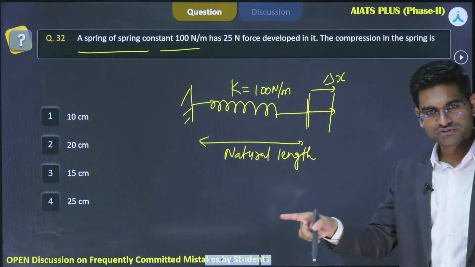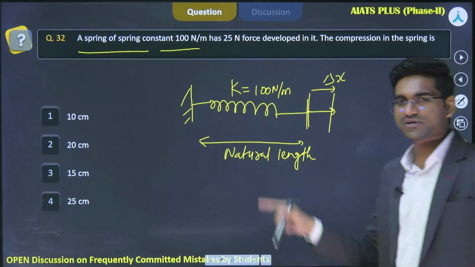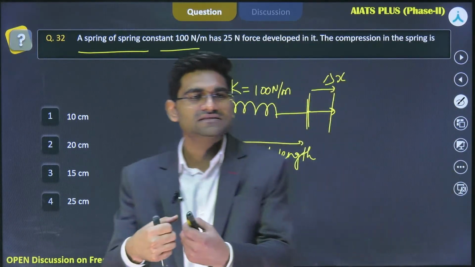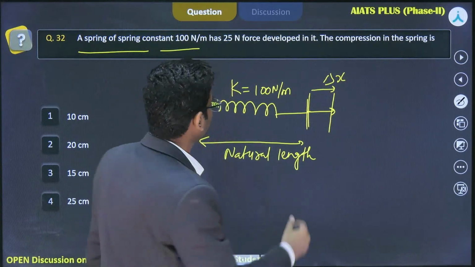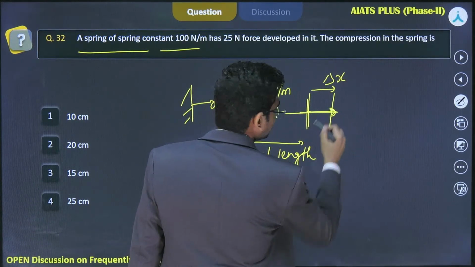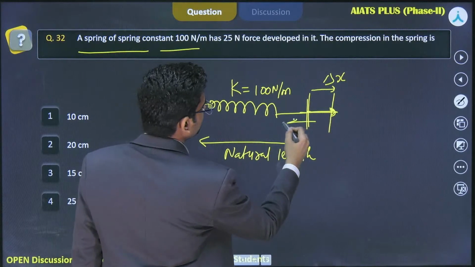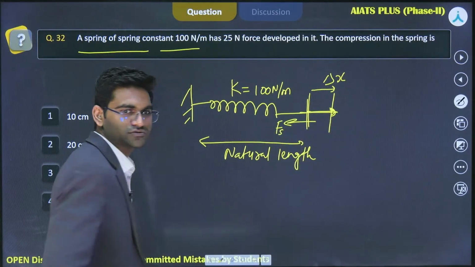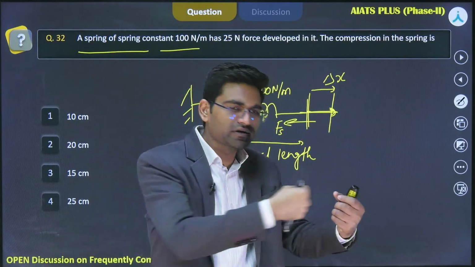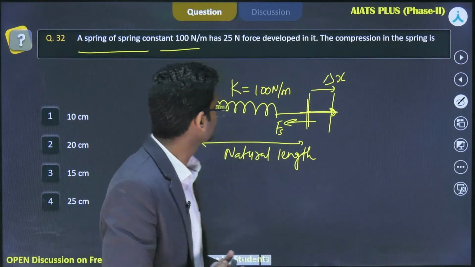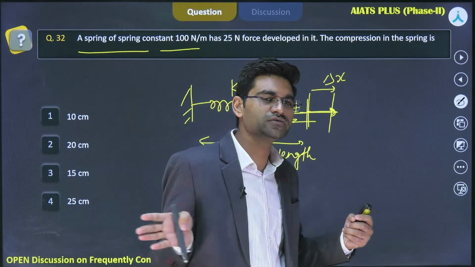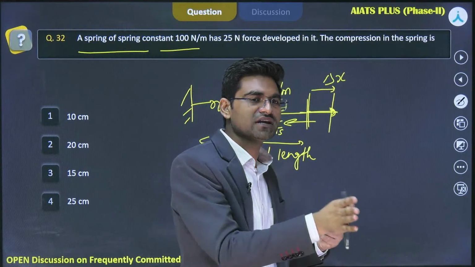Now there will be force, and the force applied by the spring is against the deformation. So if we are extending it like this, then the spring force will be like this. If you try to elongate this spring, its force will try to regain its natural length.